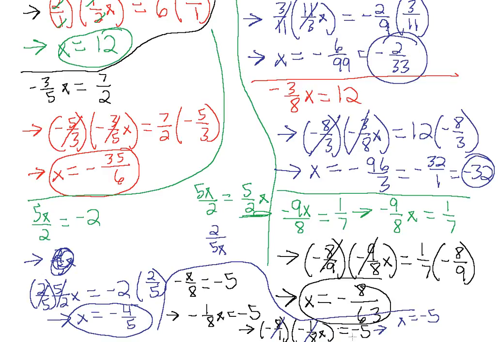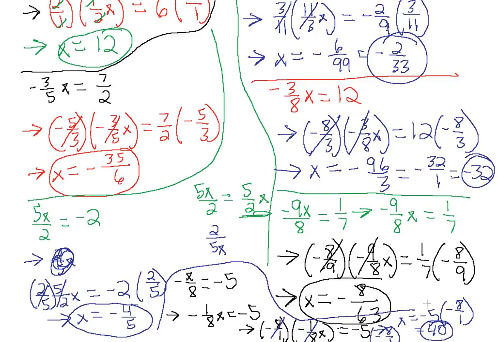And we're multiplying the same thing on the other side, which is a minus 8 over 1. So a minus 5 times a minus 8 over 1 is on the right side. And a negative times a negative gives us a positive 40. 40 over 1, which is 40.